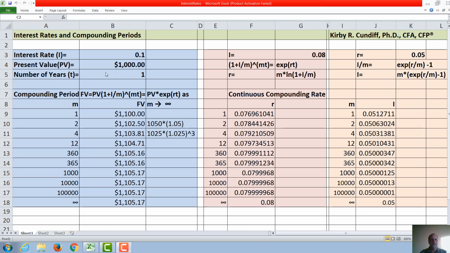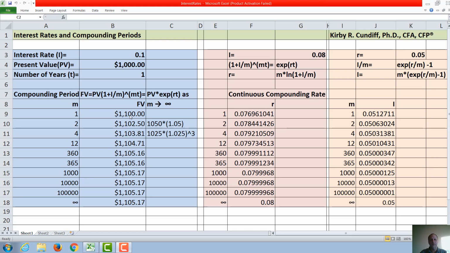And then we're going to look at how much this $1,000 will grow at 10% over that 1 year, depending on whether the compounding period M is once a year, twice a year, 4 times a year, monthly, 360 times a year, 365 times a year, 1,000, 10,000, 100,000, basically an infinite number of times a year.